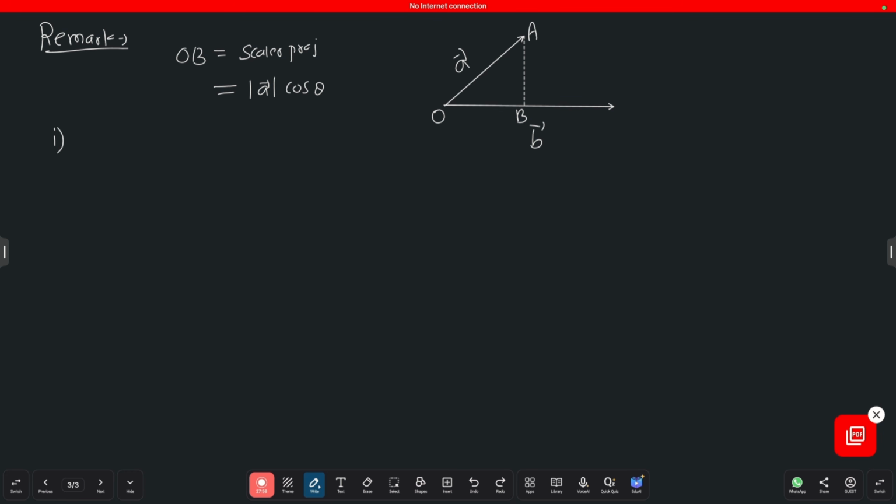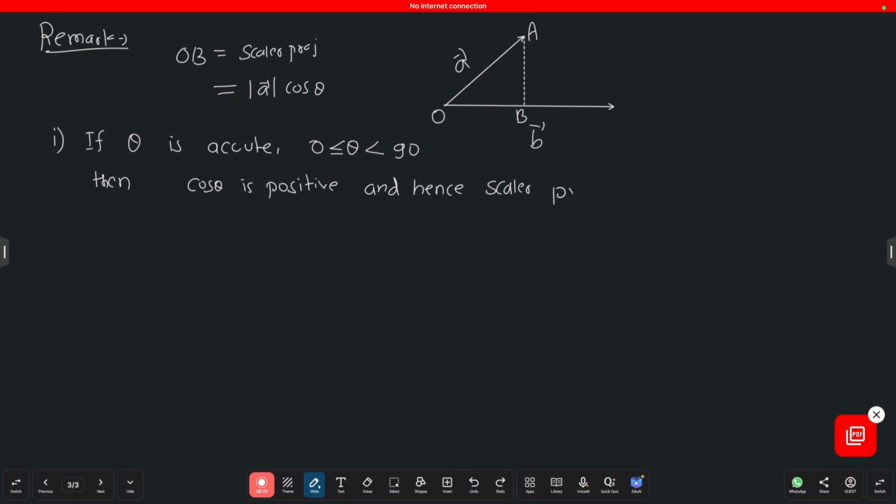So first one, if theta is acute, that is theta greater than or equal to 0 and less than 90, then cos theta is positive, and hence scalar projection is positive.